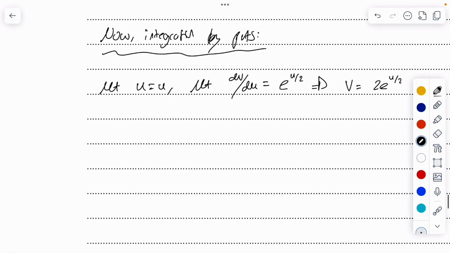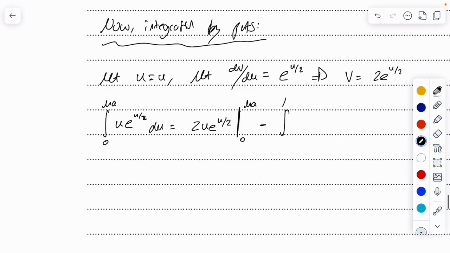Because now I can say that the integral from 0 to ln a of u e to the u over 2 du is equal to uv, so 2u e to the u over 2, evaluated between ln a and 0, minus the integral from 0 to ln a of 2e to the u over 2 du, because that's v du.